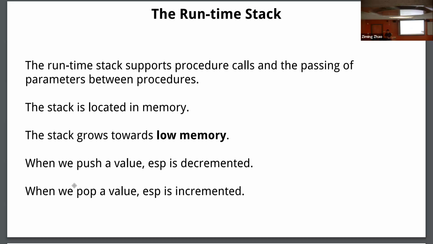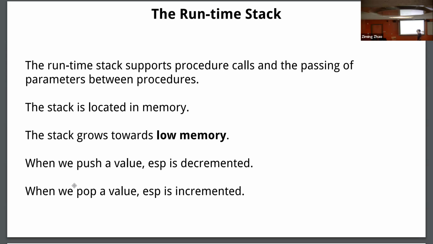In most architectures, the stack grows towards lower memory. This is the same for x86 and for ARM. When we push something onto the stack, then on x86, the register that points to the top of the stack is the ESP. S is stack pointer, so it's easier for you to remember; E is extended.